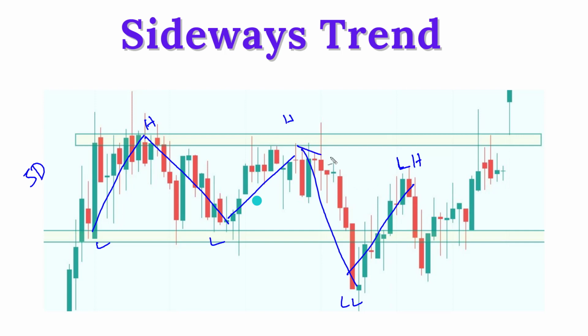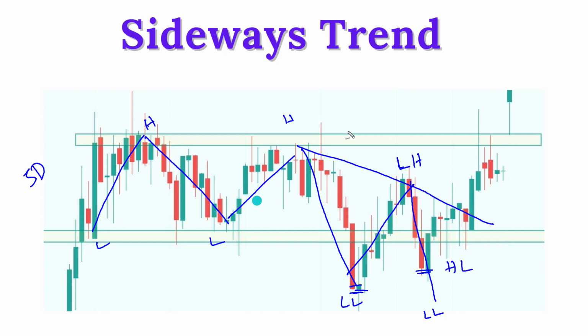If this is a downtrend, then it should again breach this particular lower low, and then we can say it created a new lower low. So this is in a downtrend, but it didn't break it, in fact it made a higher low.